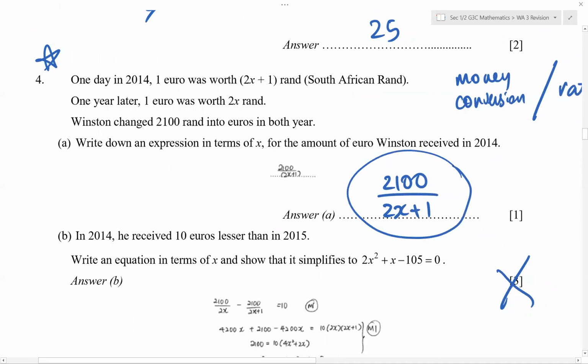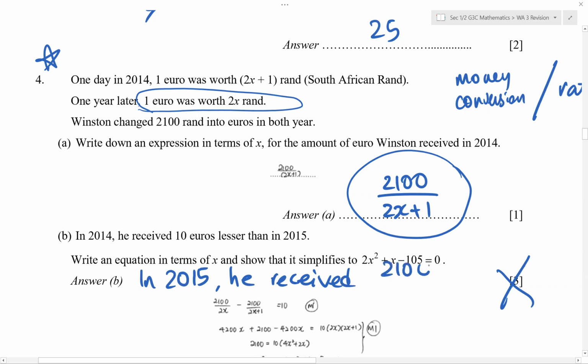In 2015, €1 was worth 2x in rand, and he changed 2100 in both years. So in 2015, he received 2100 over 2x.